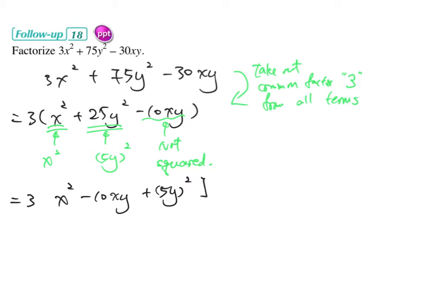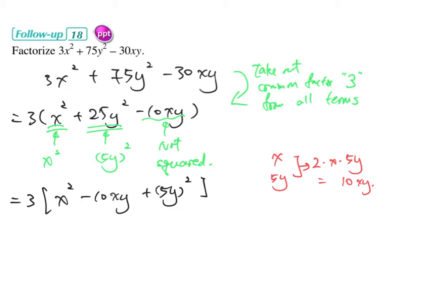Alright, and then let's do a checking. The first term is x squared. The last term is 5y. So if we try to find 2 times x times 5y, it is positive 10xy. Right? So for the value, it is what we want.